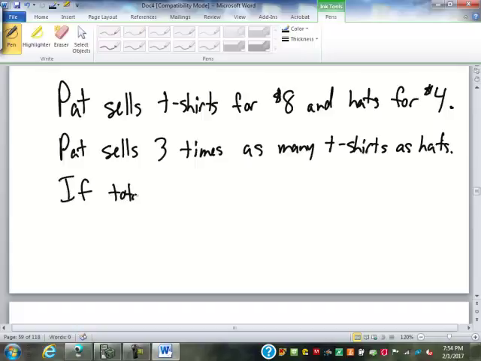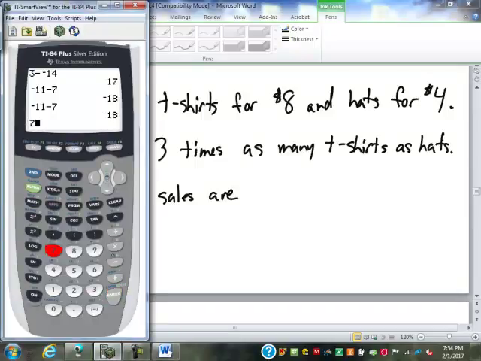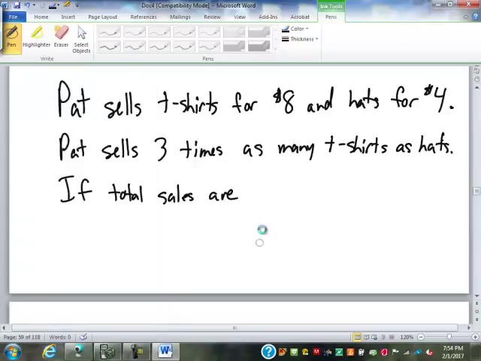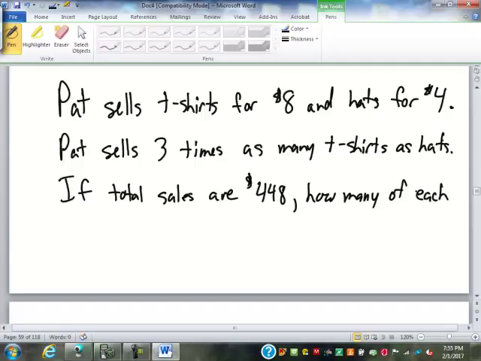If total sales are, let's see here, $448 for the day. How many of each did Pat sell?